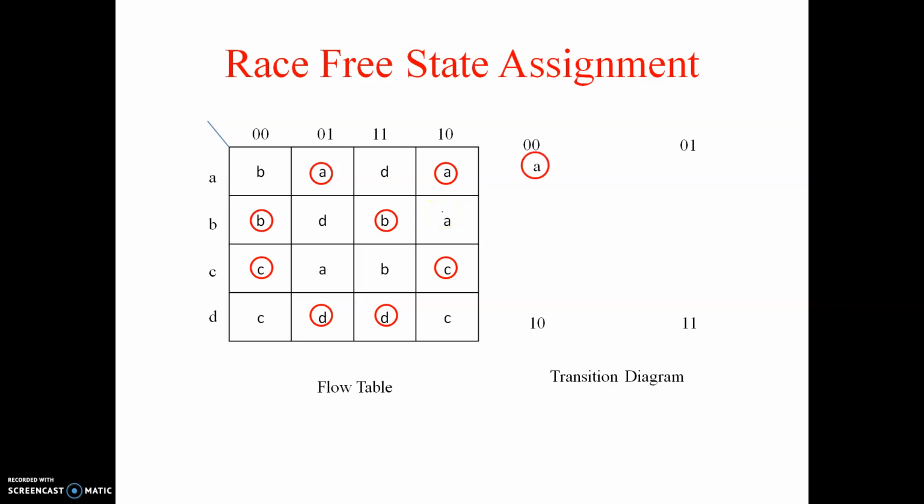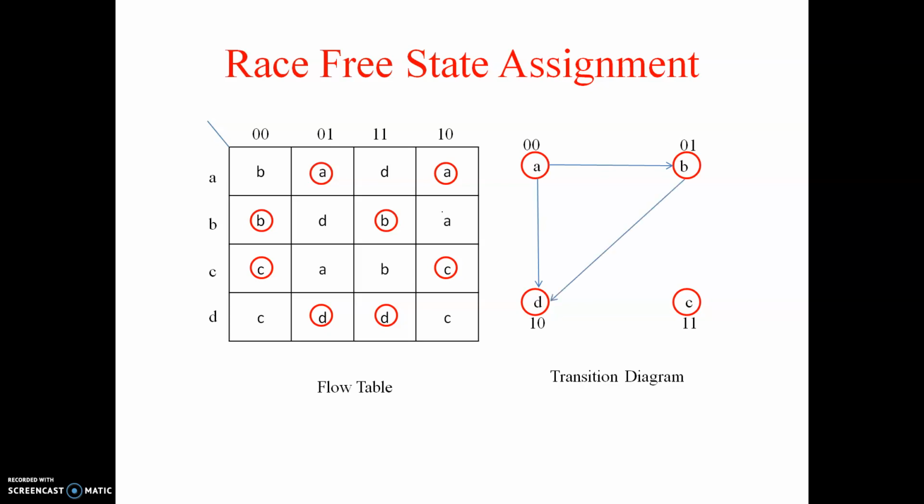Now let us have 4 states, that is A, B, C and then D. Now let us mark the transients. Let us consider first A. From A to B is a transient state, and A to D is also a transient state.